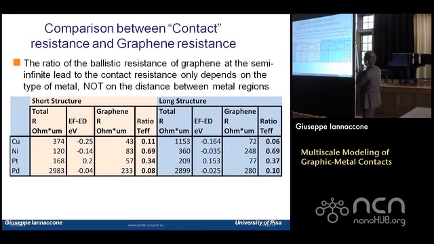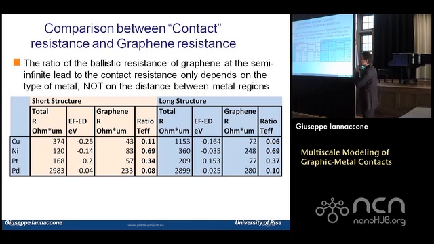Okay, then let us consider again the data that we have obtained to understand something more in terms of a simpler model to describe the contacts. So this pink region here represents the short structure. Let's look at that. The rows correspond to different species of metal for the contacts. The first column is the resistance of the structure of the contact from metal to metal that we have already shown before.